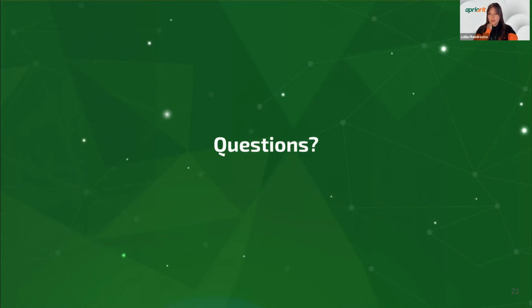What is the approximate cost of the solution, based on development from scratch or use of off-the-shelf? Okay, it's a very interesting question. I think it's better for me to answer because I work a lot with money at Apriorit. Each solution will vary, and it depends on the needs. First, let's talk about development from scratch.